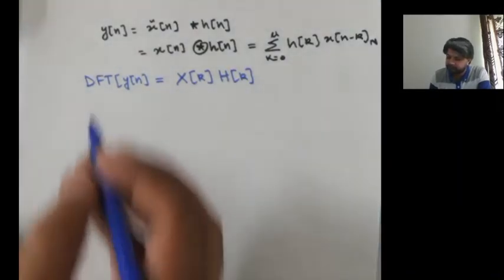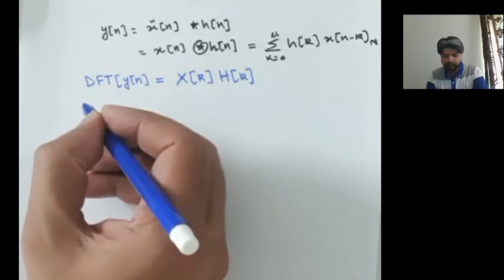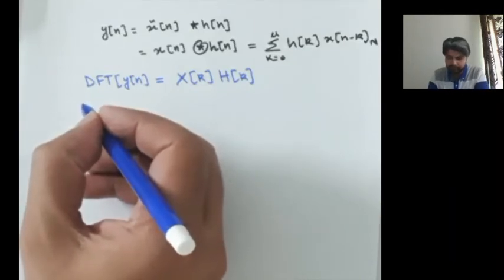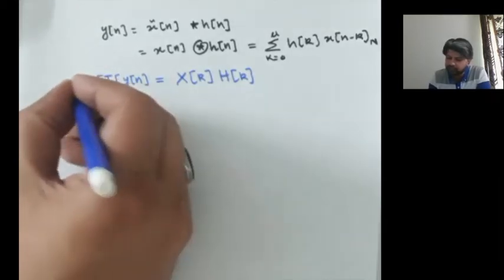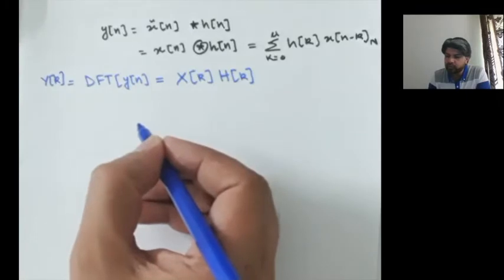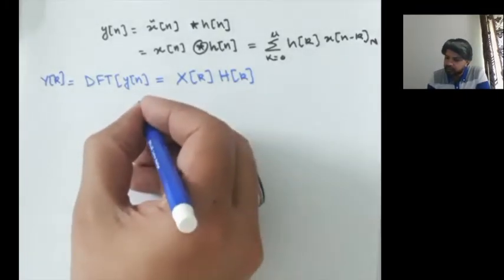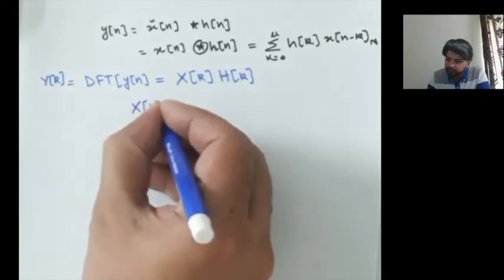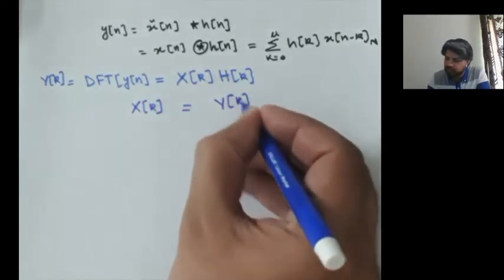That we call to be y of k. Now, if you want to get your signal x of n back, that means your x of k would be nothing but y of k divided by h of k.